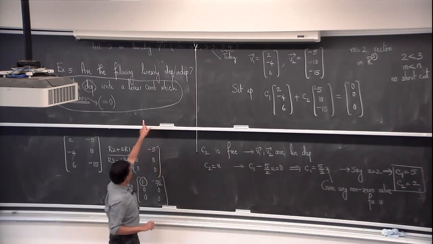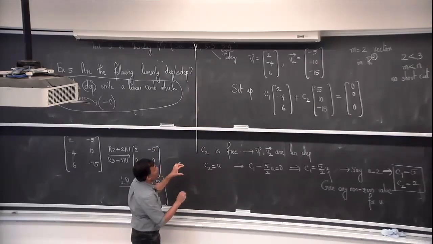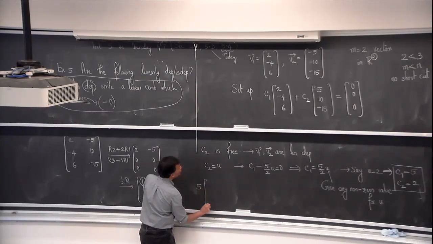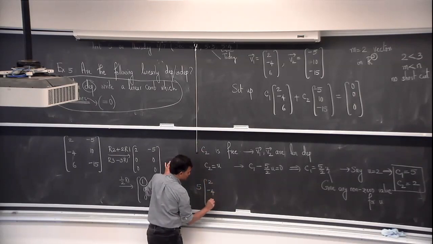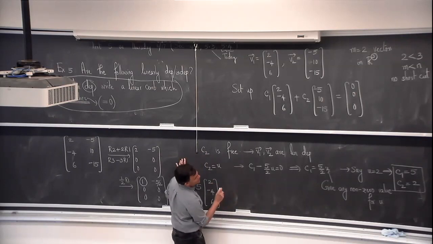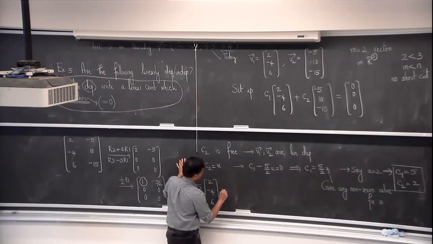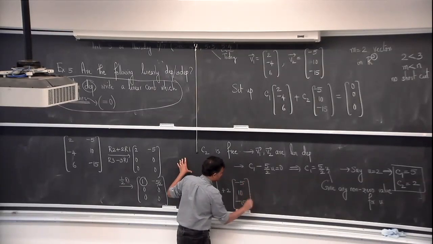So the linear combination that vanishes in this case would be C1, which is 5V1. Just to illustrate that this is actually true, I'm going to write V1 down here. 5 times (2, -4, 6) plus 2 times (-5, 10, -15).